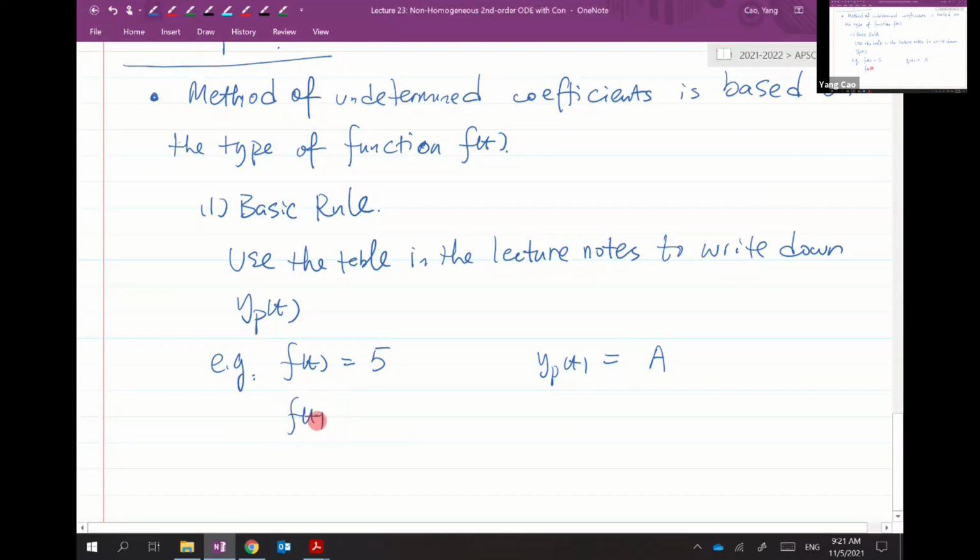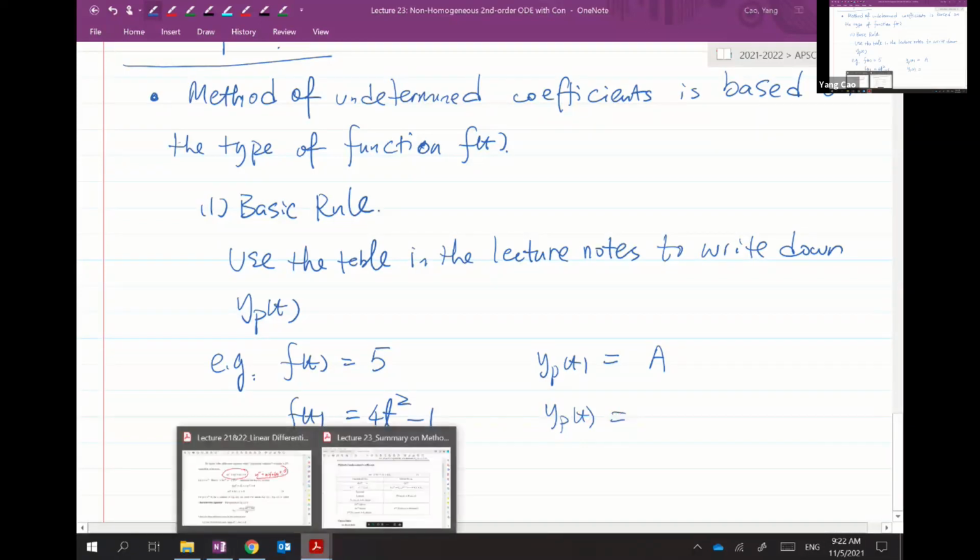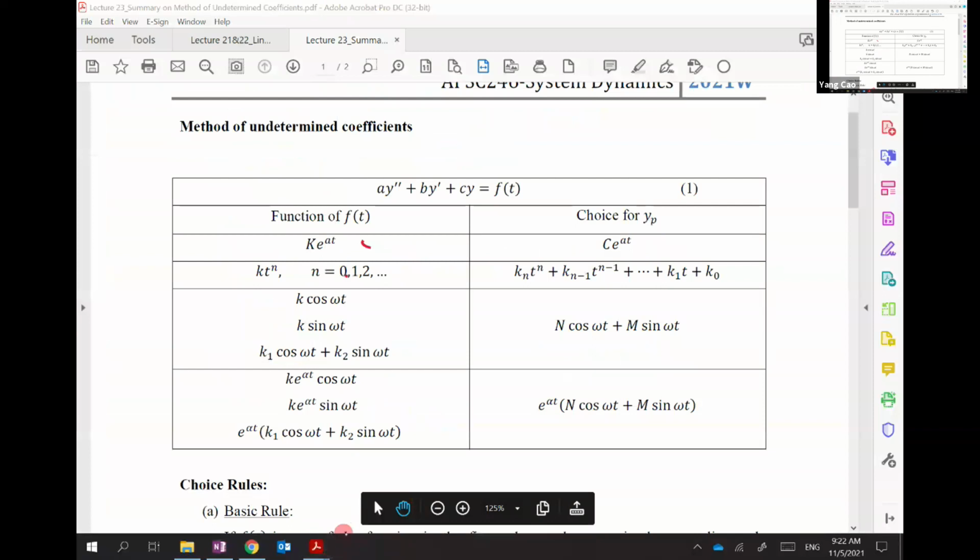Okay, so let's take a look at this one here. Let's say 4t squared, maybe even 4t squared minus 1. It doesn't matter. So f of t is the quadratic function 4t squared minus 1. Then what will be the choice, or your educated guess, for yp of t? You go back to this table.